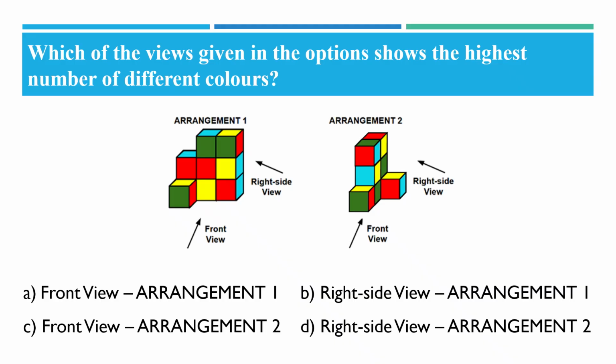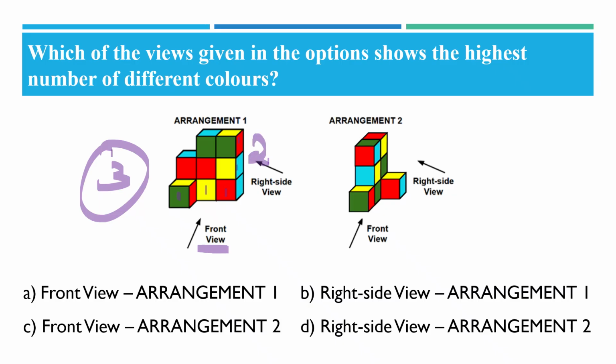Which of the views given in the options shows the highest number of different colors? From the front view, I see green, yellow, red. So three colors are there from the front view. If I see from the right, it's only two colors, red and blue.